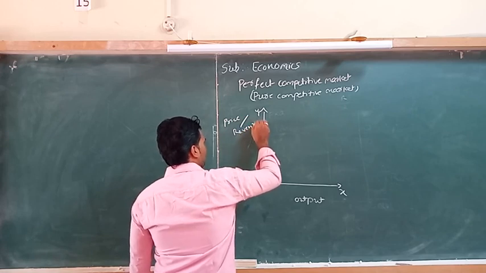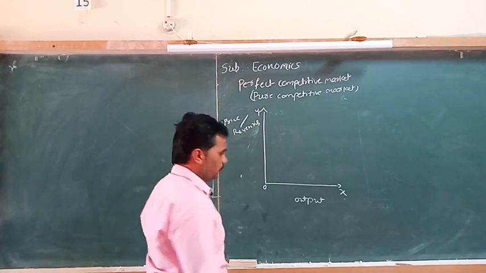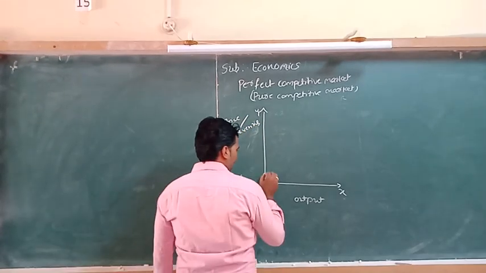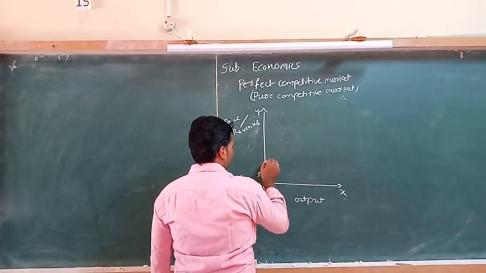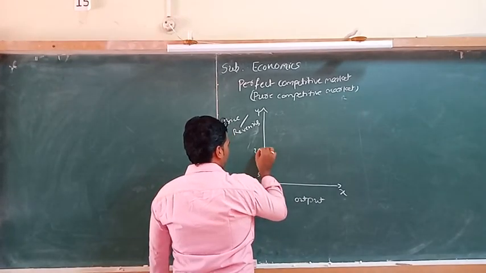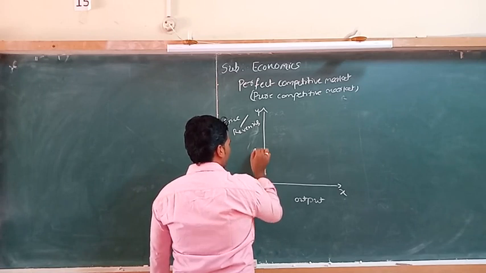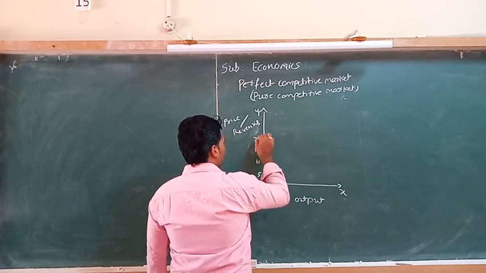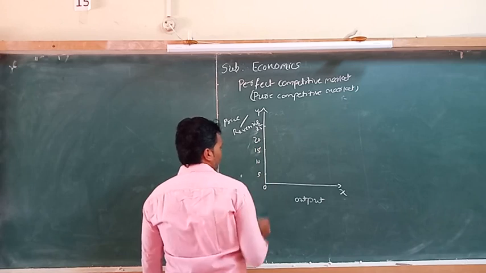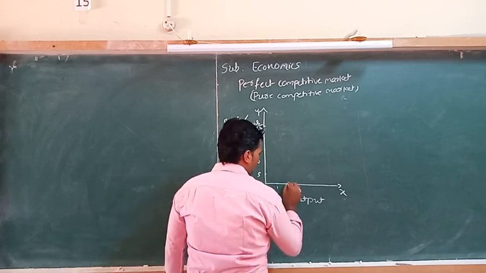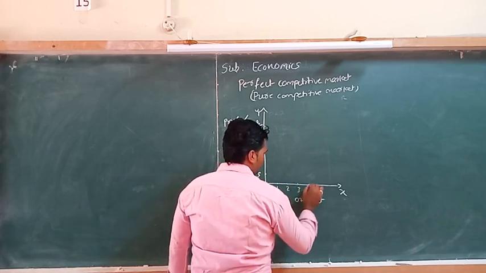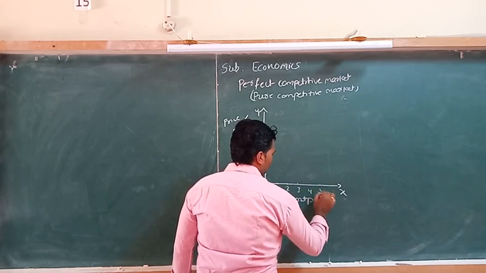Here we mention both price and revenue. Values 5, 10, 15, 20, 25 on the Y-axis, and 1, 2, 3, 4, 5, 6 on the X-axis.